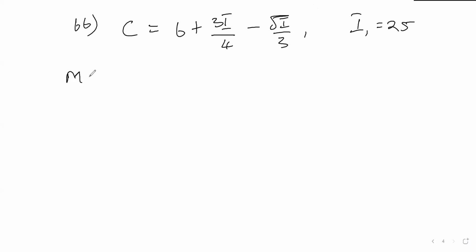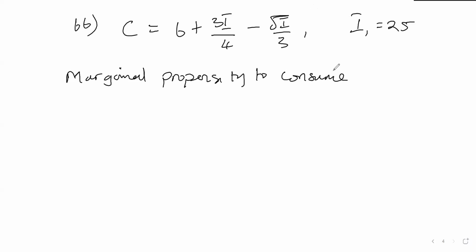So marginal propensity to consume is given by dC/dI. We differentiate term by term. So derivative of 6 is 0, plus derivative of 3I over 4.